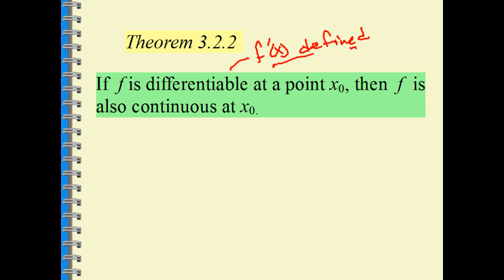So this tells us that if f is differentiable, meaning that if we can find the derivative at any given point for any given x, then it's continuous. So if a function is differentiable over all values of x, then that function has to be continuous for all values of x.